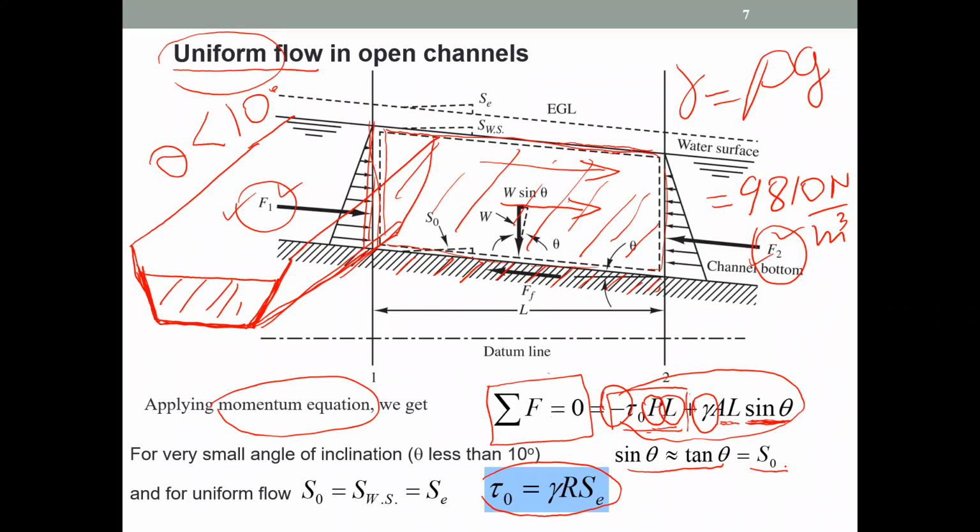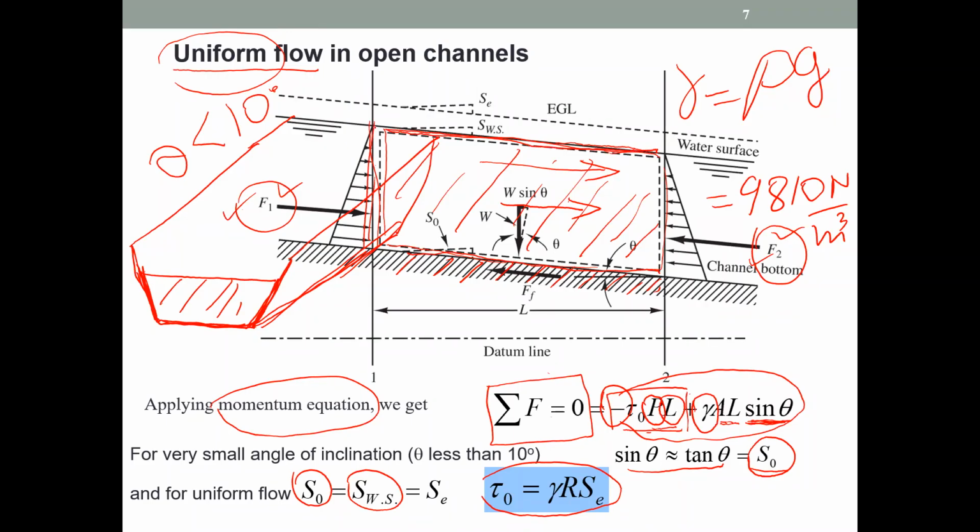That is approximately equal to the slope of the channel bed, S0, right? For uniform flow, the slope of the channel bed is equal to the slope of the water surface. Why is it?